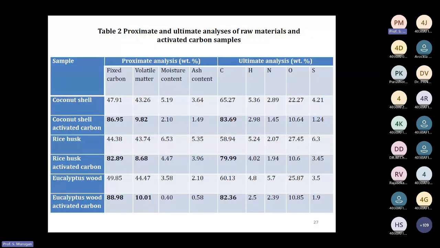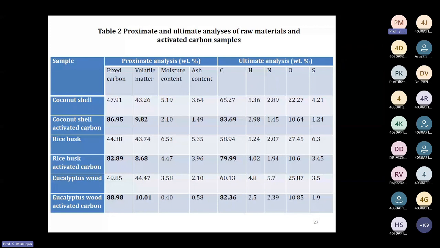And volatile matter is in the range of 8 to 10 percentage. Ash and moisture content are also very important, and that's very less. Now when you see the ultimate analysis, here also you can see the percentage of carbon available in the activated carbon. It ranges from 79 to 83 for these three different samples.